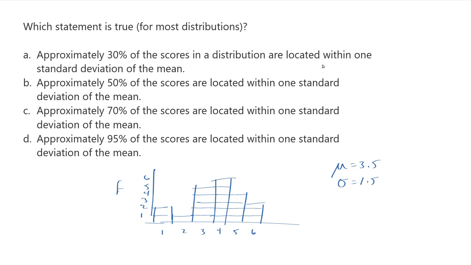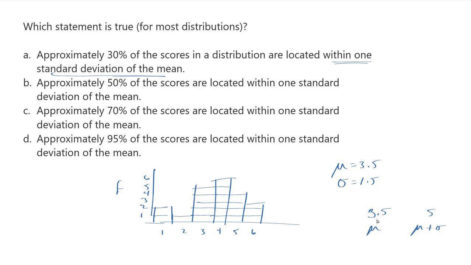So what they're talking about here is being located within one standard deviation of the mean. Being within one standard deviation of the mean means that if you start off with the value of the mean and you go ahead by the mean plus one standard deviation, that would be 3.5 plus 1.5, which would bring me up to 5.